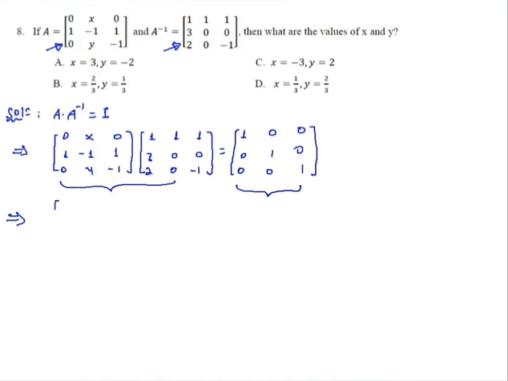ጋር ኮምፔር እናደርጋለን. So first, what is the product? ፕሮዳክቱን እንስራ. 0 plus 3x plus 0. Okay, the second entry is 0 plus 0 plus 0. Row በኮለም እያበዛን እንሄዳለን, በደንብ critically ማየት ያስፈልጋል.